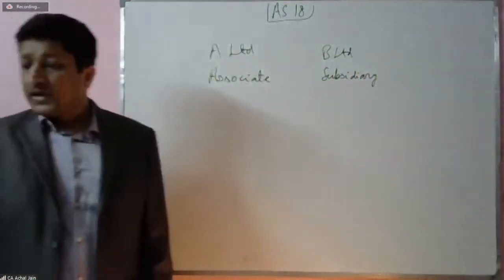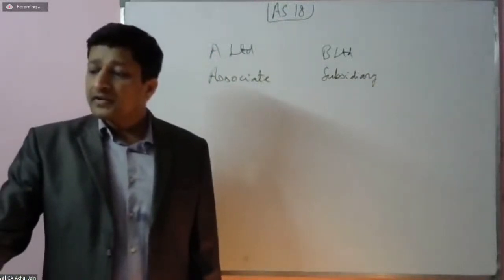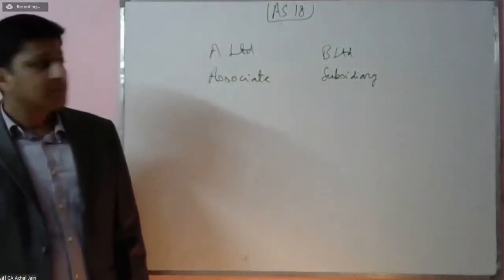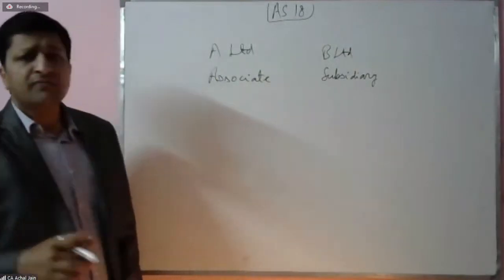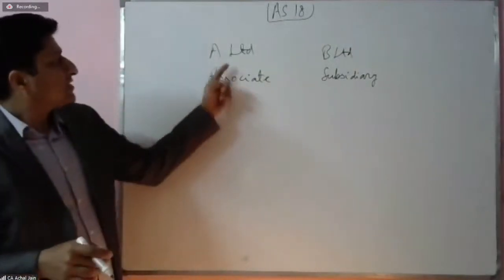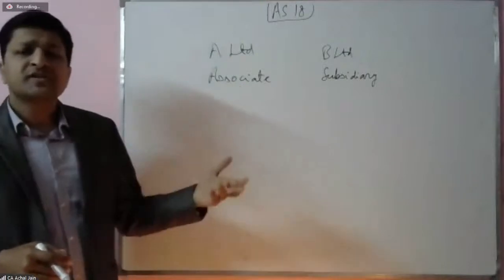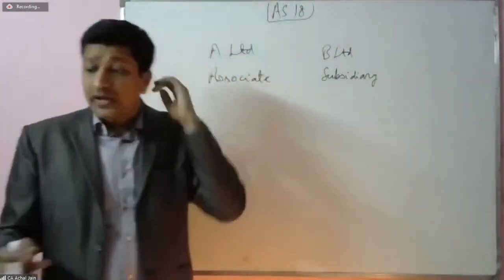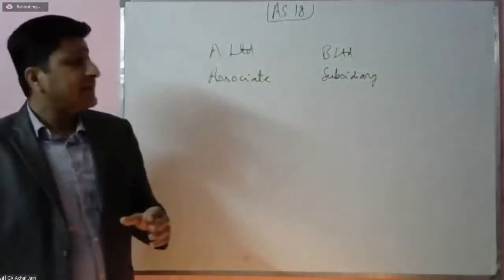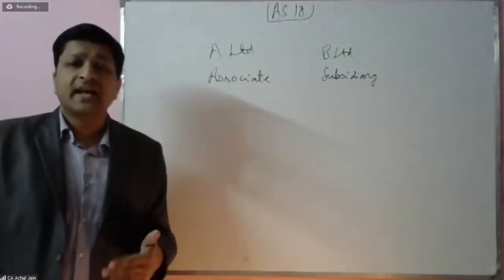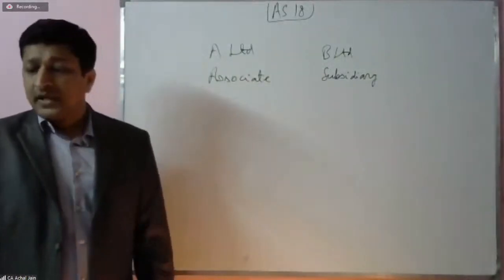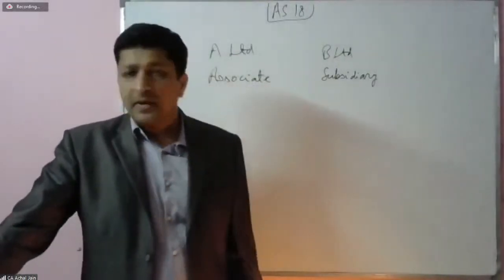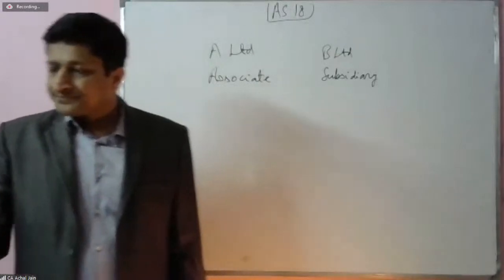Can it be a related party though they have a common director? No. If you have two entities, one an associate and the other a subsidiary of the same investor, and you are saying they have a common director, just because they have a common director, you will not make them related parties.